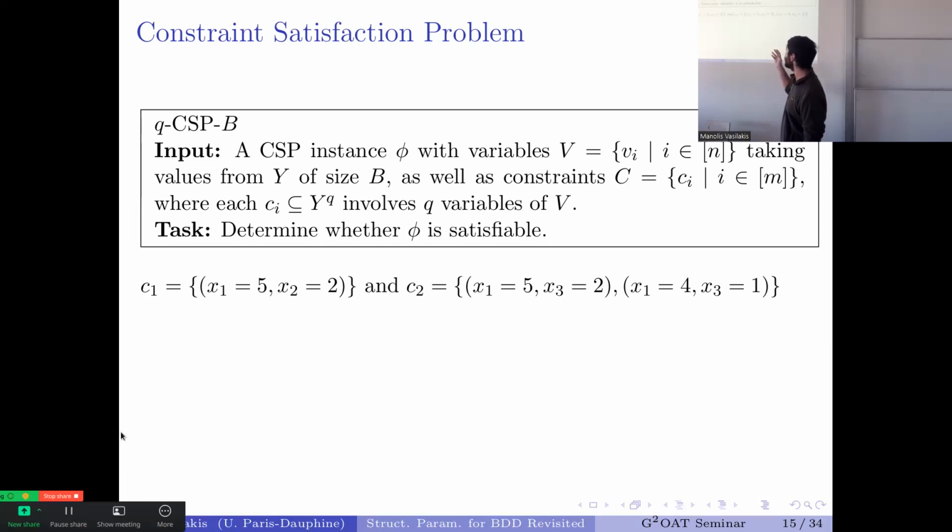For instance, we have this example here, and a good assignment that satisfies both constraints would be x1 5, x2 2, and x3 2. I don't know if we have another good one. Probably not.